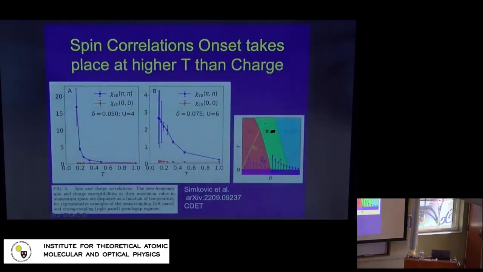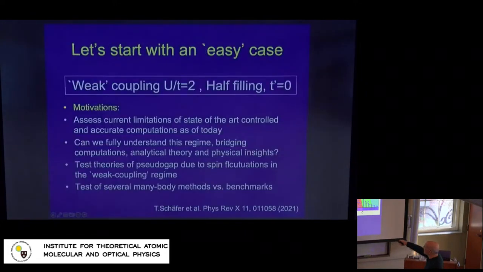Again, these calculations show that the onset of spin correlations takes place at a much higher temperature than the onset of charge correlations. Here you see that down to T over t of about 0.1, there is nothing in the charge, but the spin has actually taken off.